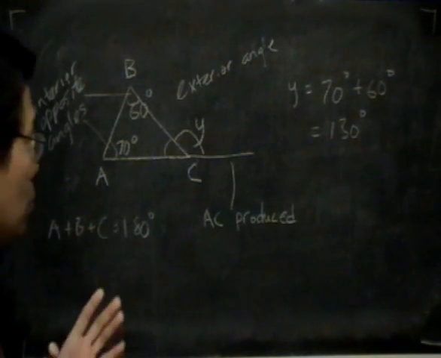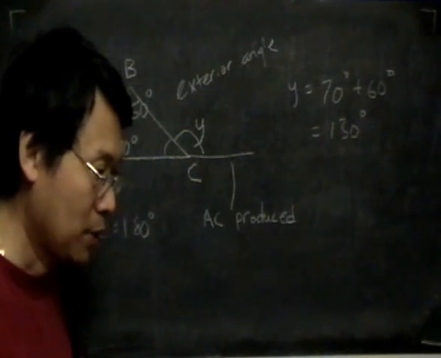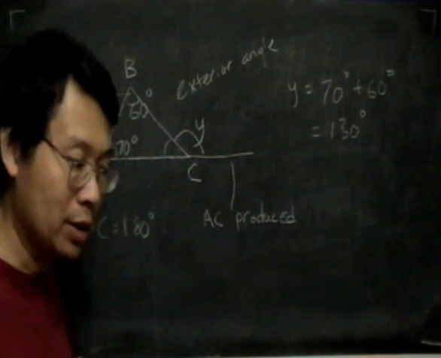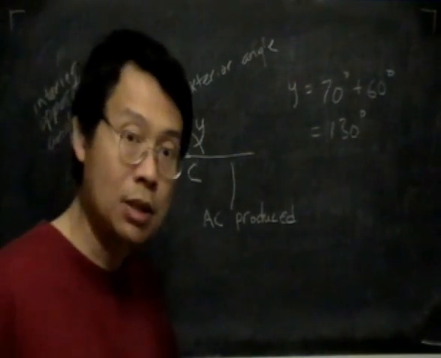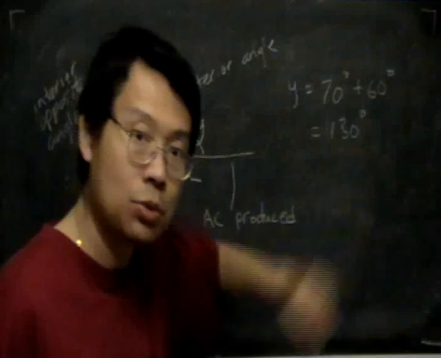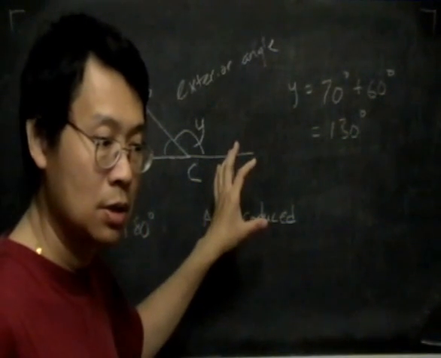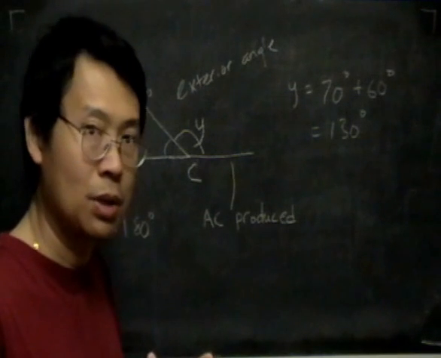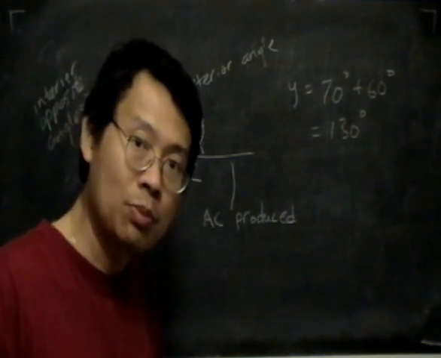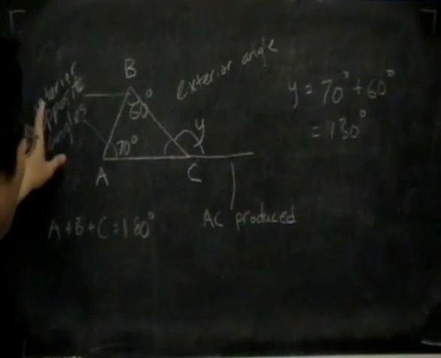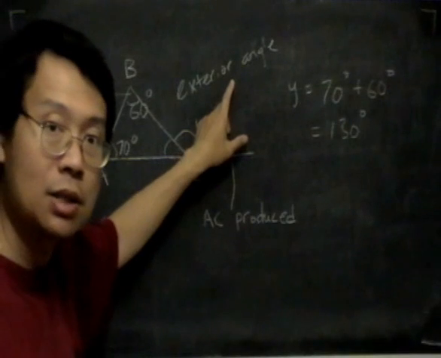If you do need to give a reason, and often when you do working in your exam paper or test paper, it's always better to give the reason. In this case, the reason is a bit long to say. Basically, you just have to say the sum of interior opposite angles is the exterior angle.